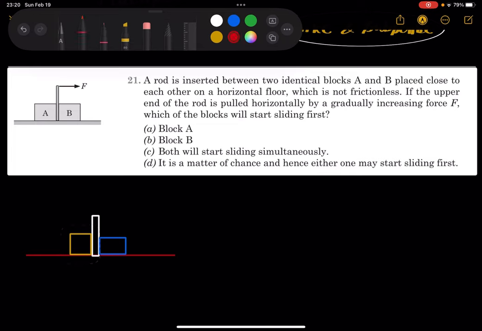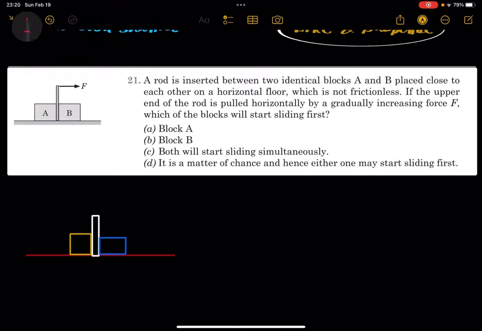Suppose we apply one force here, on this side. If you apply the force, then on this side a force FB is acting on this block and on this side a force FA is acting on block A. I tell you clearly, just listen, my dear friends, why this is happening.